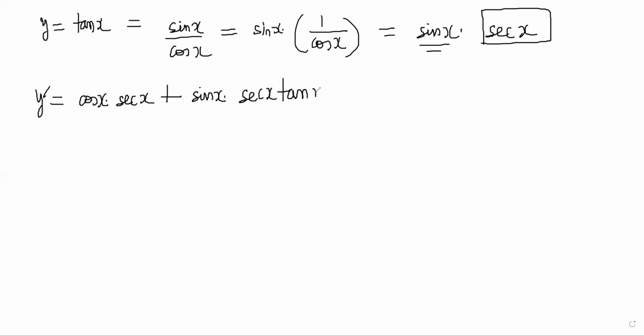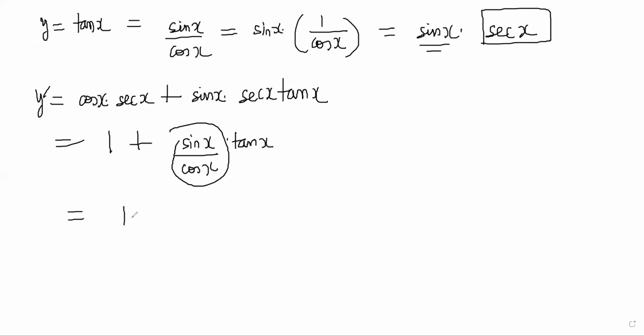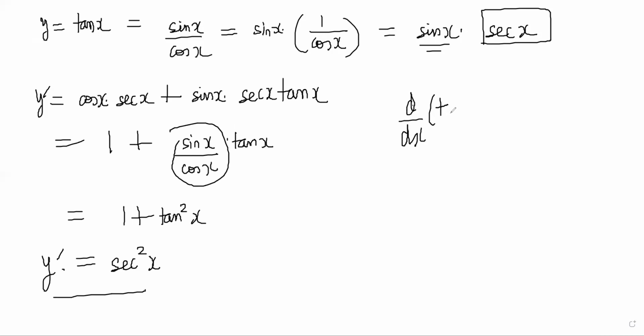So cos x into sec x is 1, plus sin x by cos x into tan x, and this is tan x only. So it is 1 plus tan square x, which is equal to secant square x. So the derivative of tan x, d by dx of tan x, comes out to be secant square x.